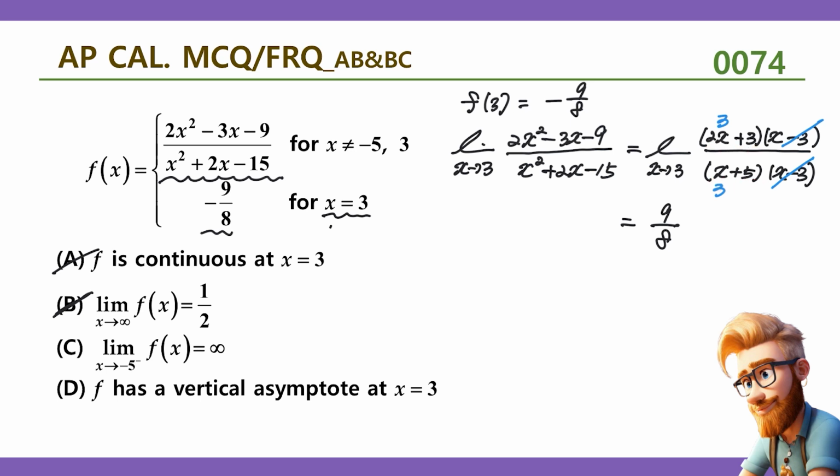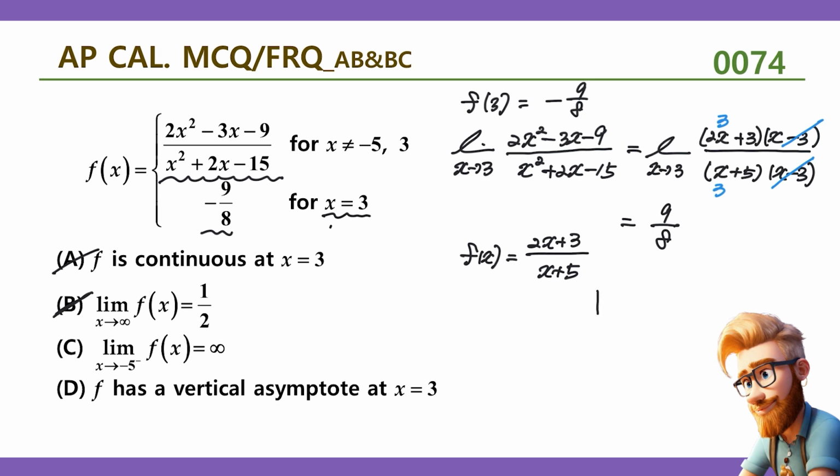So let me rewrite that: f of x is equal to 2x plus 3 over x plus 5. The denominator is equal to 0 when x is equal to negative 5. So we have a vertical asymptote at x equal to negative 5. A vertical asymptote occurs when the denominator is equal to 0.